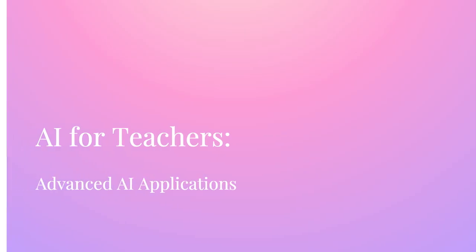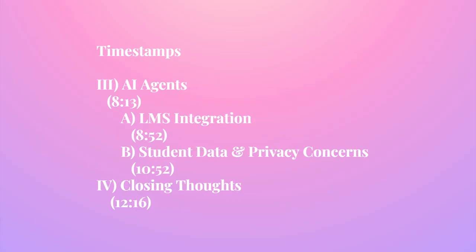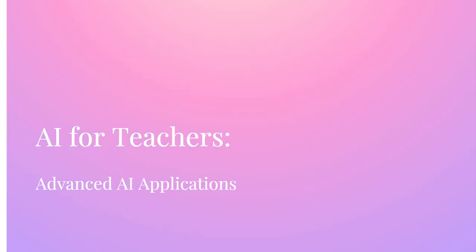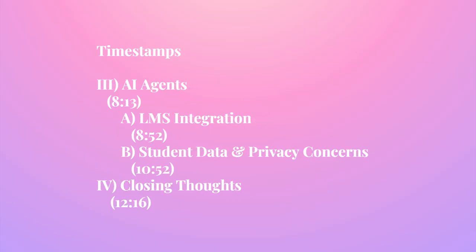So if you design an AI agent, make sure that it's only able to access and see student data that is okay to be viewed and shared with AI. If this AI agent accesses student data that is confidential and private, then there may be not just concerns, but legal repercussions for the data that's being shared with the AI. So be careful with that.